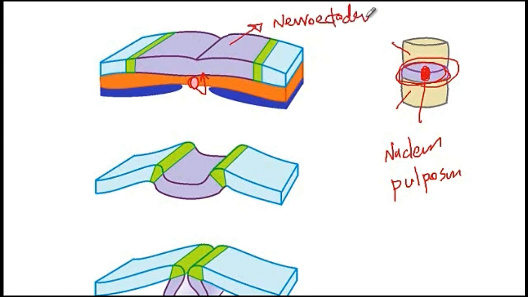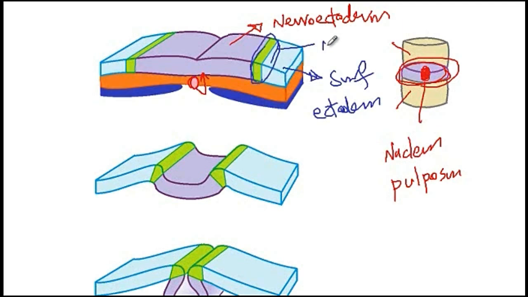So here we have neuroectoderm, and then on the side we have the surface ectoderm, which I discussed earlier, what structures arise from that. And then the margins between these two structures will later on form the neural crest cells. Now, this neuroectoderm will invaginate on itself.